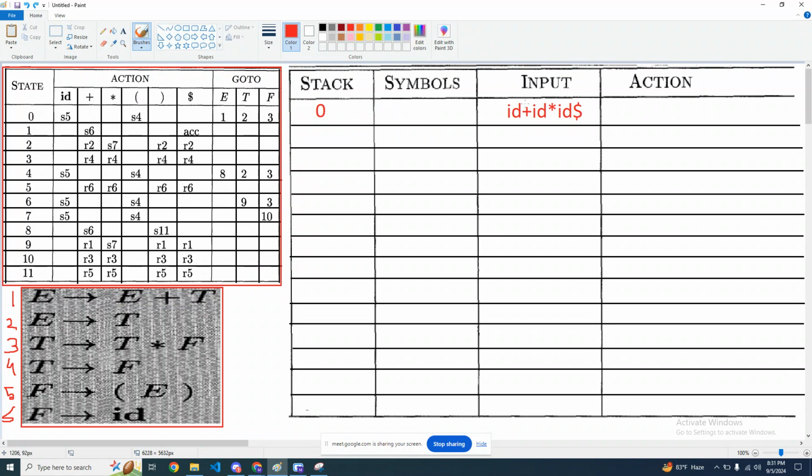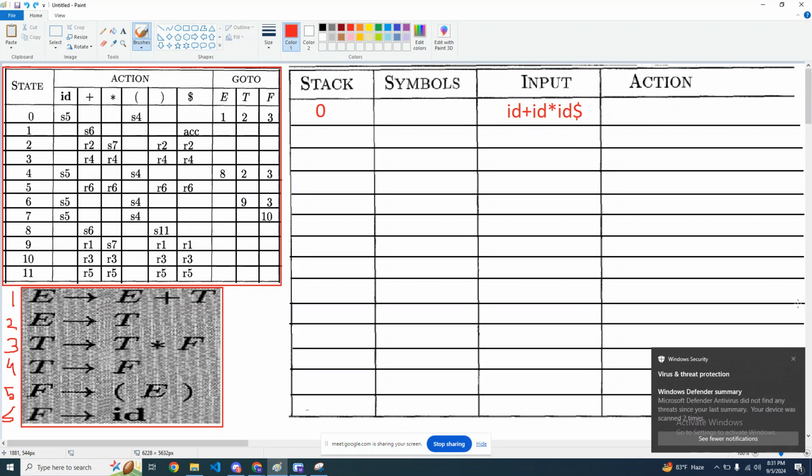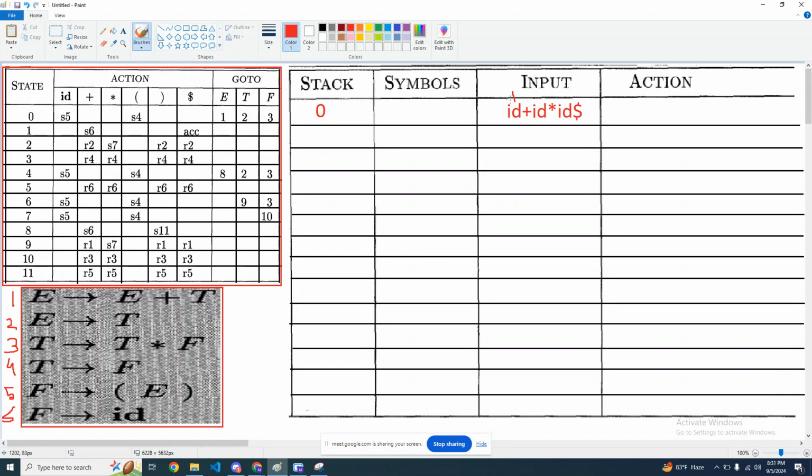Now you need to look for action. What action should you perform? Suppose the top of the stack is 0 and the top of the input is id. So you need to go to the 0th row of the state and look for the column id.